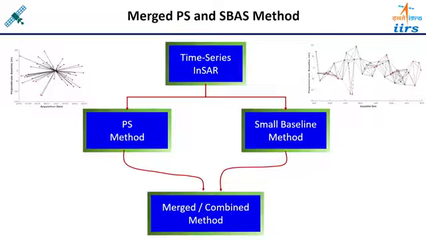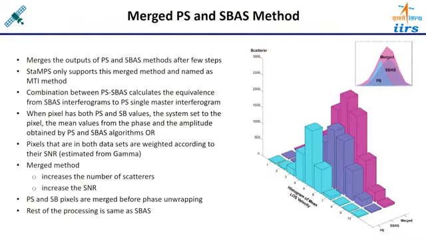Here this is showing the number of pixel points, a scatter plot histogram of these points. You can see this is the distribution of the PS points, which is less in number, and this is the distribution of the SWAS technique. More points we are getting in the SWAS technique. If you combine both of them, you can get even more points in the merge technique. This way the density of measurement points can be enhanced by combining the outputs of the PS and SWAS techniques.